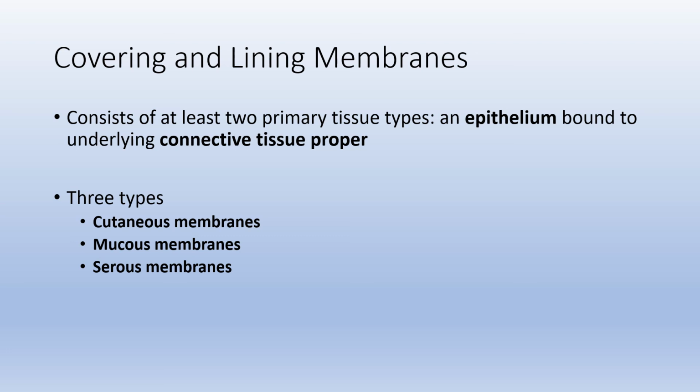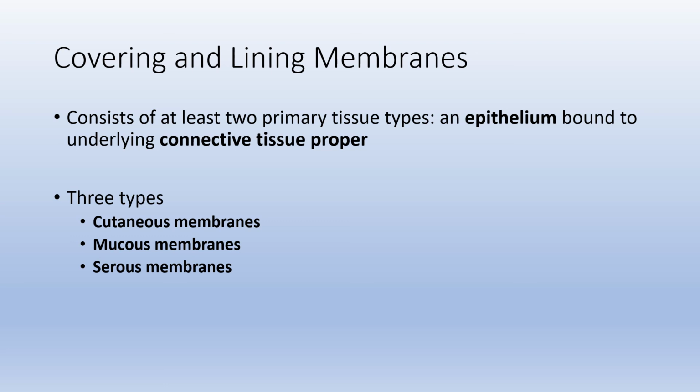Remember your four, you have to know those for your exam, but usually a membrane will include a layer of epithelium or epithelial tissue, which is bound or connected to an underlying layer of connective tissue proper.